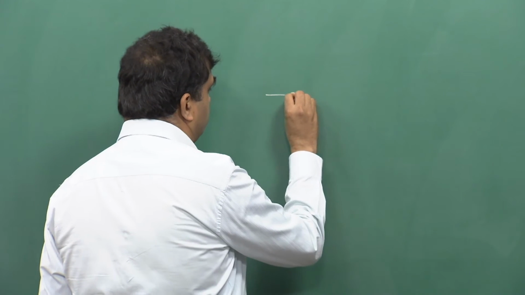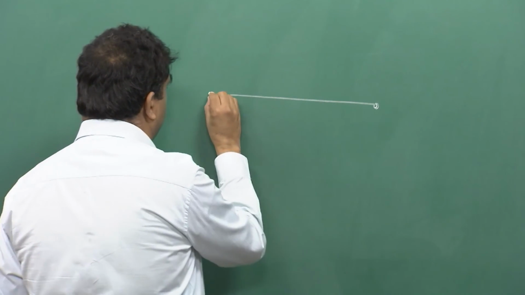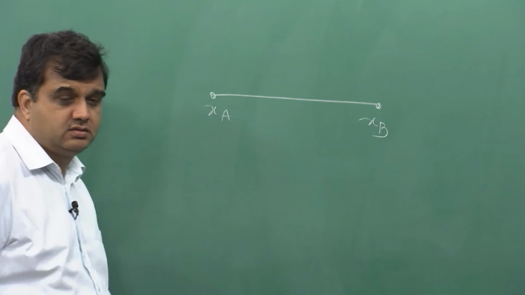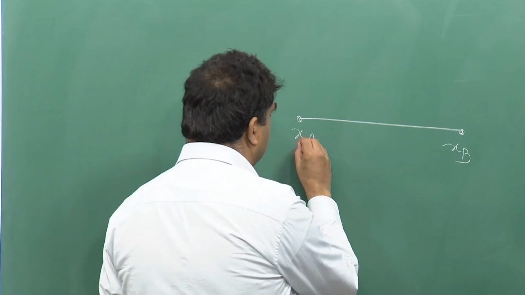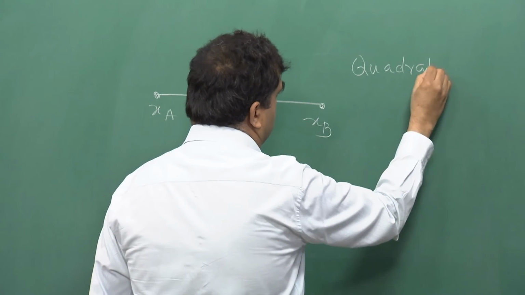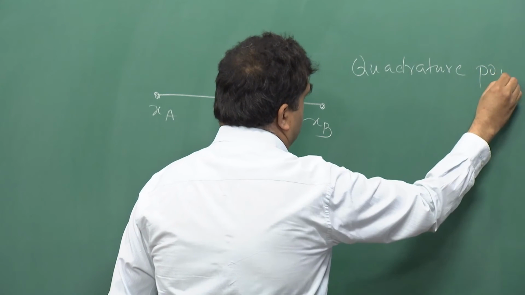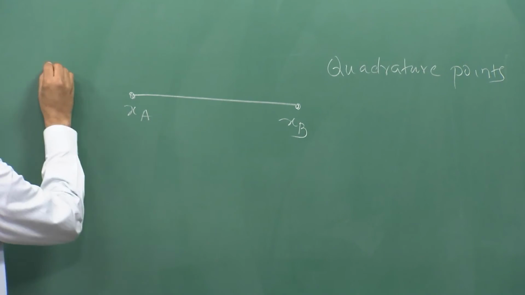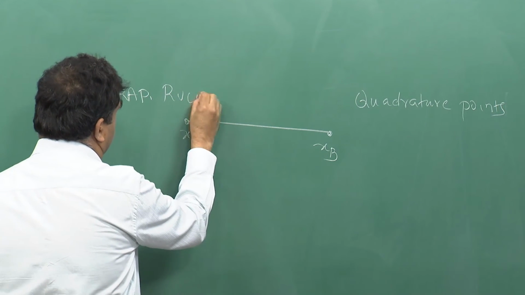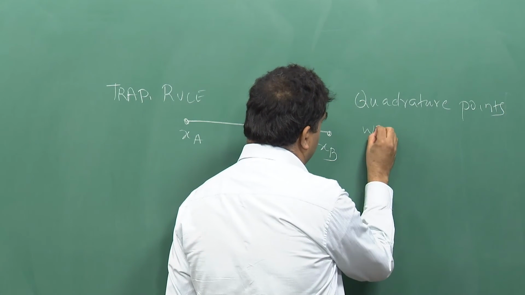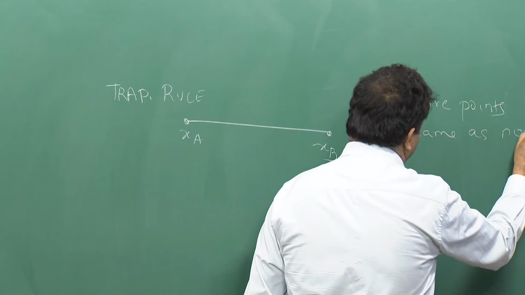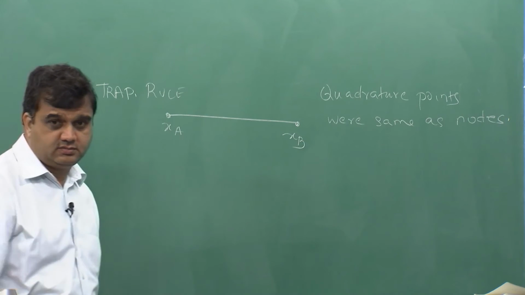So, in trapezoidal rule, if this was the element, the quadrature points were the same as nodes, right?